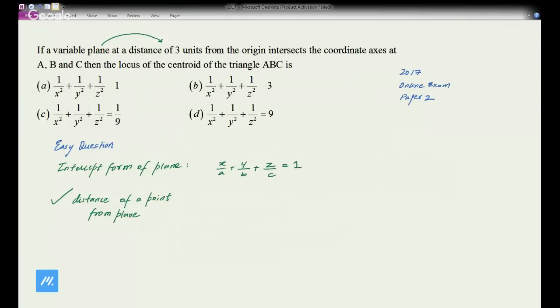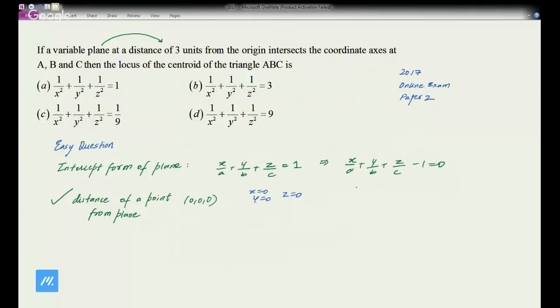So it says that a variable plane is at a distance of 3 units from the origin. So the plane can be written as x by a plus y by b plus z by c equal to 1. Let's just quickly solve this because this is one of the easiest and standard problems. The origin is 0, 0, 0, so put x equal to 0, y equal to 0, and z equal to 0.